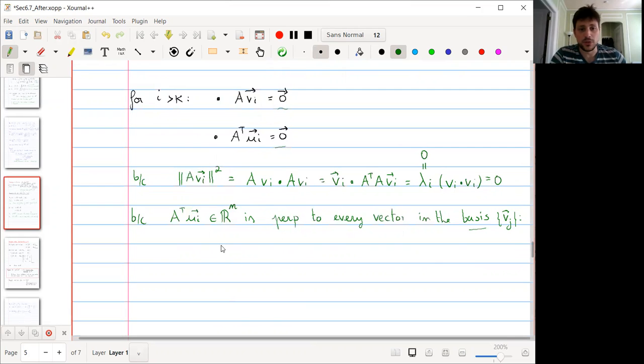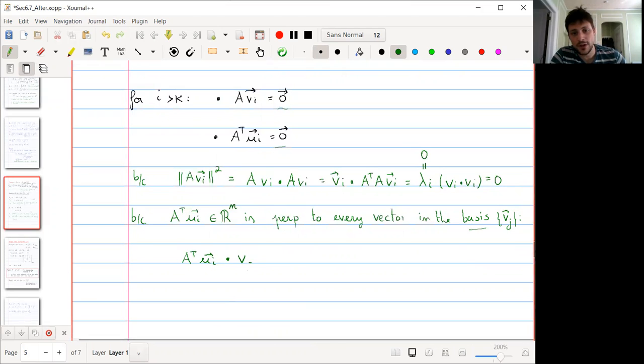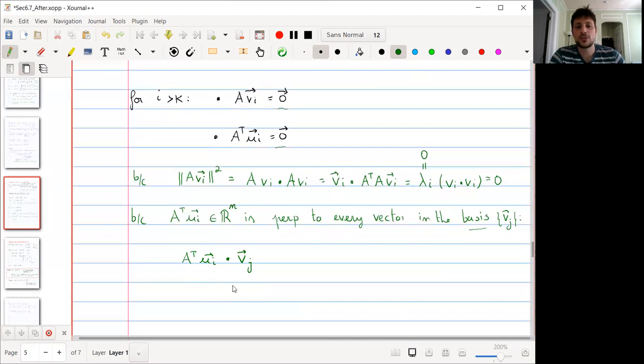So we'll just compute A transpose Ui dotted with every one of the Vj's. And if we can show that this is 0 for all of them, then we're saying that A transpose Ui is orthogonal to every vector in a basis, but then it must be the 0 vector. That's the only possibility.